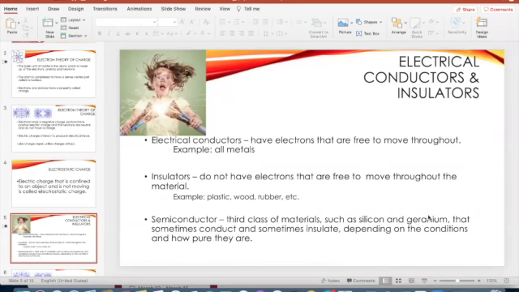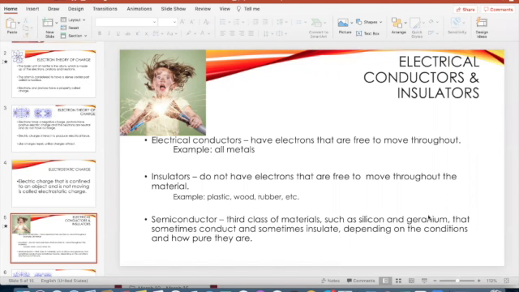That rubber part is pretty much insulating the metal inside so that you don't electrocute yourself and whatnot. Most of the metals inside of these charging devices are usually copper.